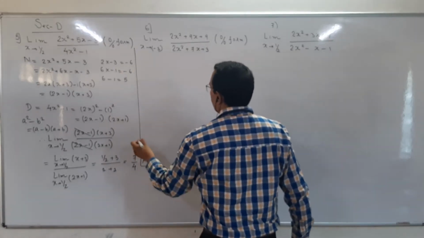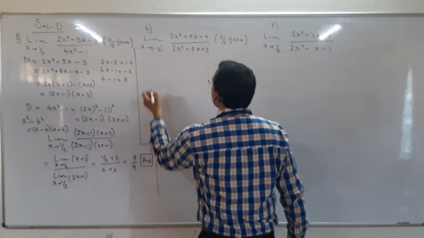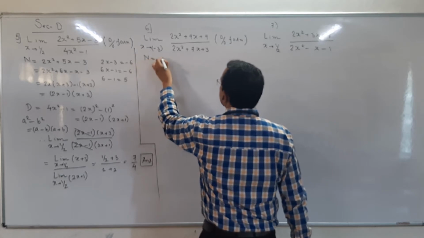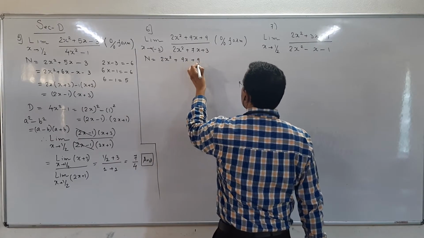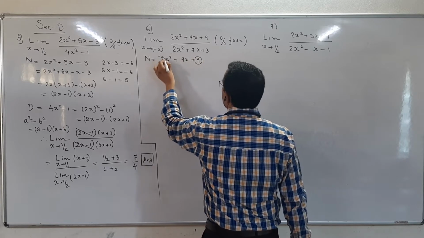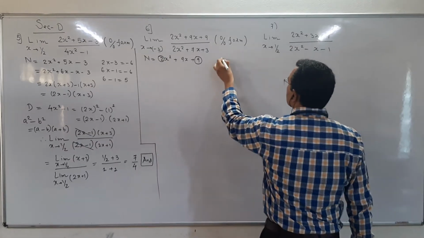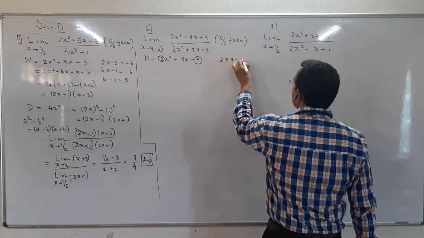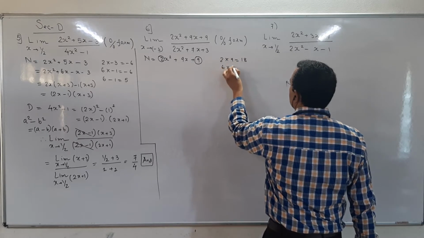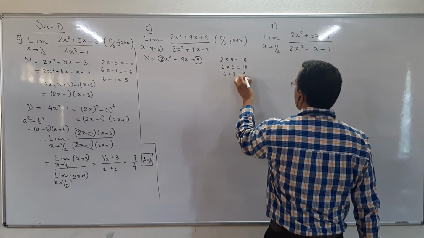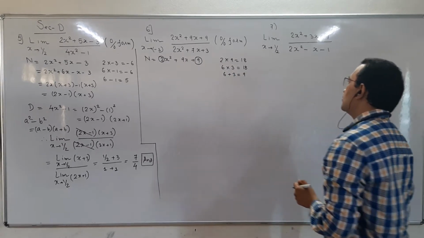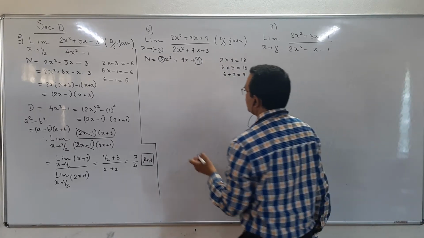Now, factorizing numerator, which is twice x square plus 9x plus 9, 2 into 9 is 18, and 6 into 3 is also 18, and 6 plus 3 will give us the middle term, which is 9.